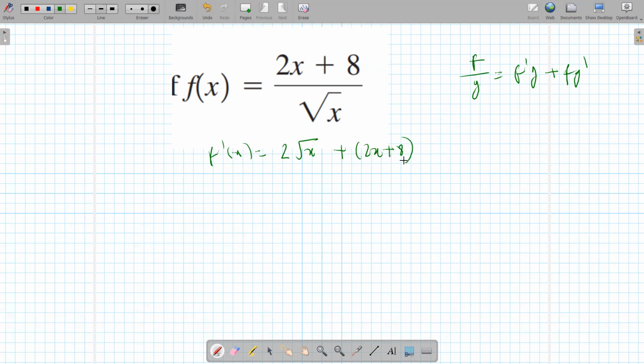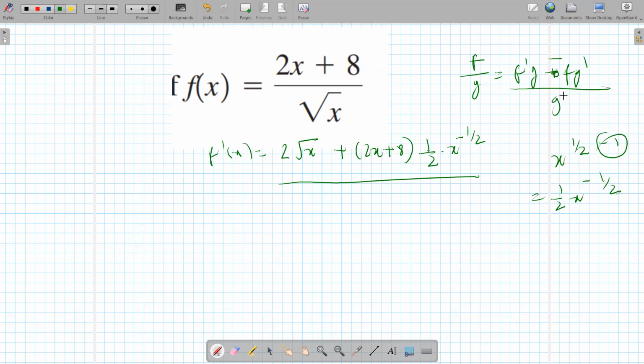1/2 times x. Close, but so we have x to the power of 1/2. It'll be 1/2 times x to the power of, you need to take away a 1, so minus half. So it'll be 1/2 times x to the power negative 1/2, all over what? All over g squared.